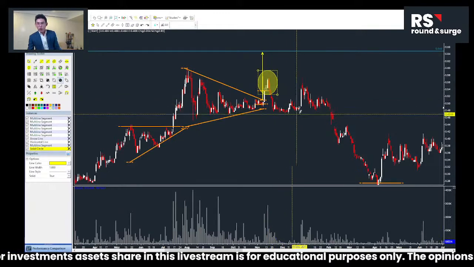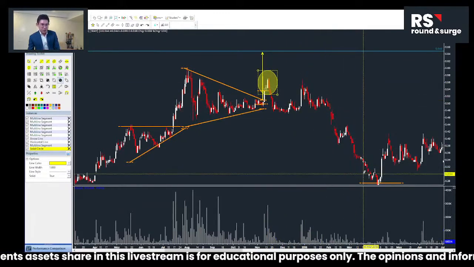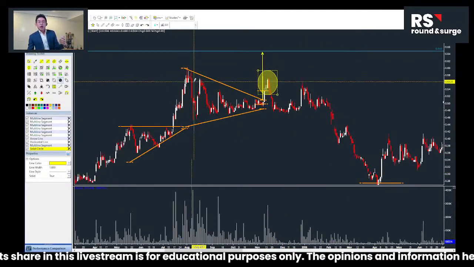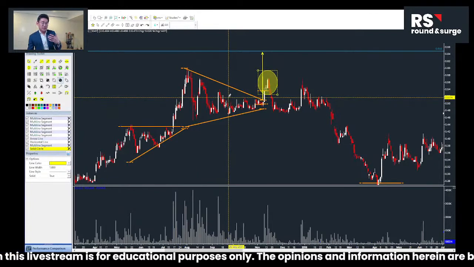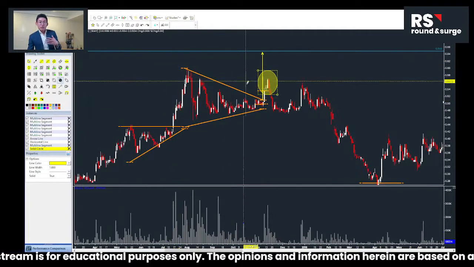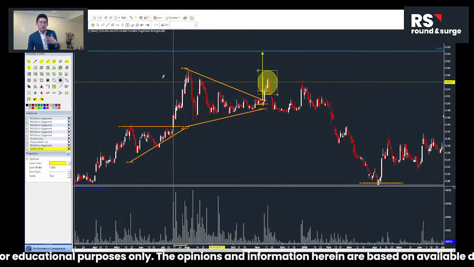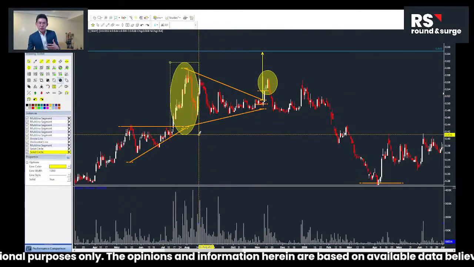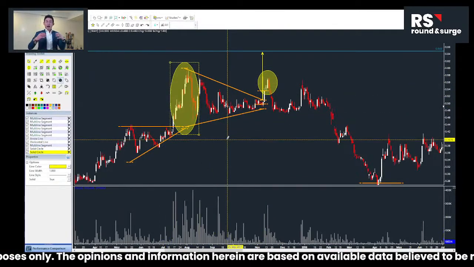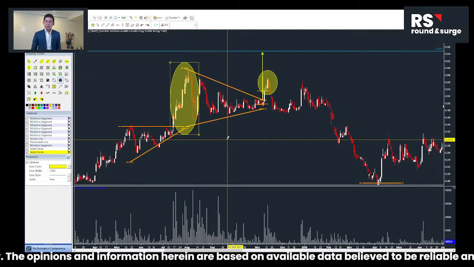We don't have to wait and go through up and down and then lose about 50%. Or maybe if you understand how the big boys work, we would not enter at this point, because it's showing us that the big boys are at the peak of their price, so they have no intention to move up higher.